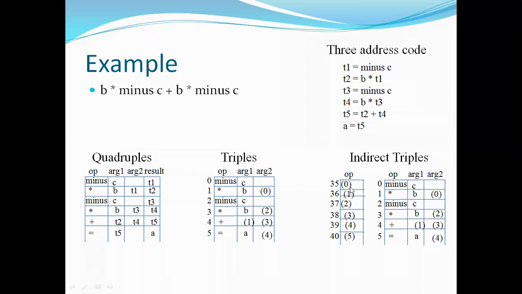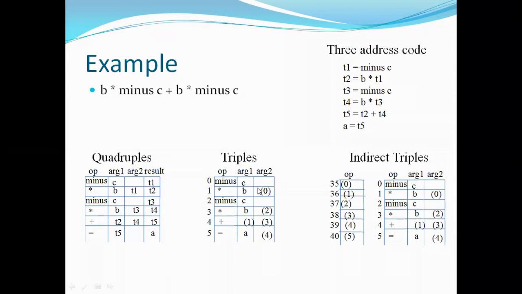It points to statement number 0. What does the statement number refer to? It points to T1. Is it clear now? Indirectly we are implementing this just by writing a separate table like this and giving new reference numbers to the statement numbers.